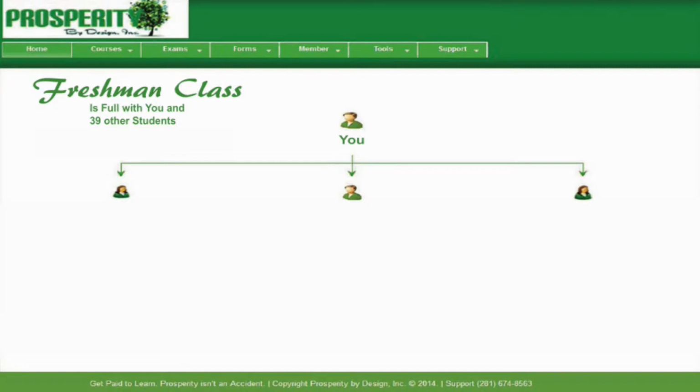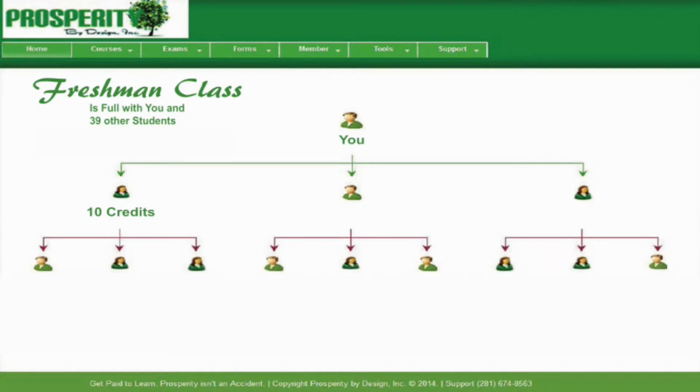Those 3 students are going to pay you $10 of education credits per student. So that means over here you're going to get $30, which is pretty awesome. Now, from this point, realize you get 3 again, so that's going to be 9 more students. 9 students that this time are going to pay you 9 education credits per student. So if you look over here again, now we got a little different deal going on.